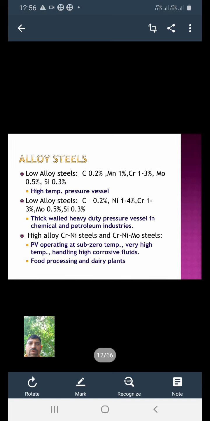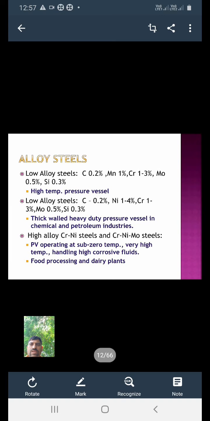These are used for thick walled heavy duty pressure vessels in the chemical and petroleum industry, because we get the maximum percentage of carbon, nickel and chromium there. That's why we use alloy steel when making pressure vessels.